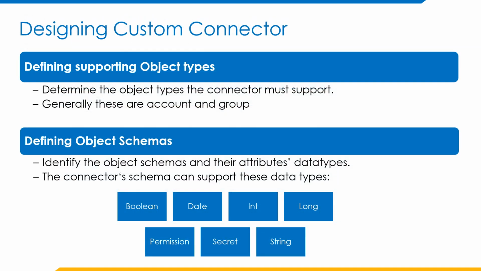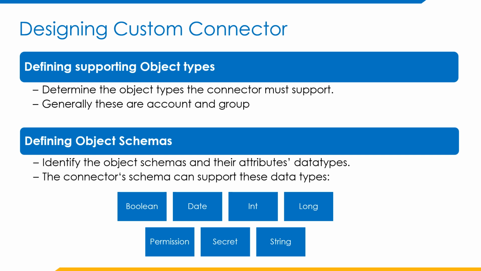Defining supporting object types. The next design decision is to choose the object types the connector will support. Generally, these are account and group, though new object classes can be defined if required. Defining object schemas. For each of the object types to be supported, the final step is to define the object schemas and the data types of their attributes.